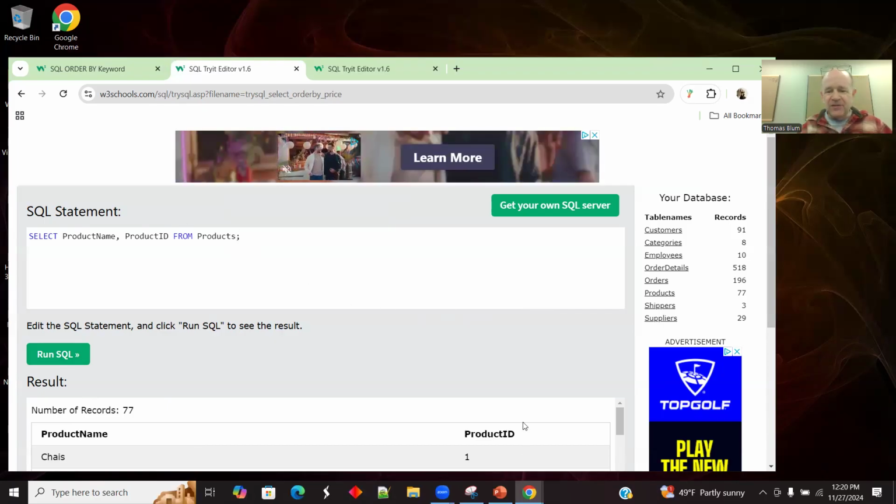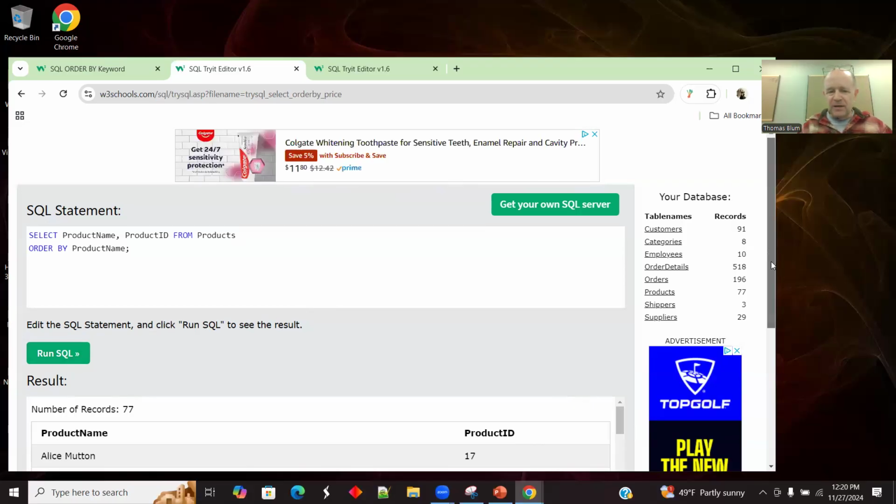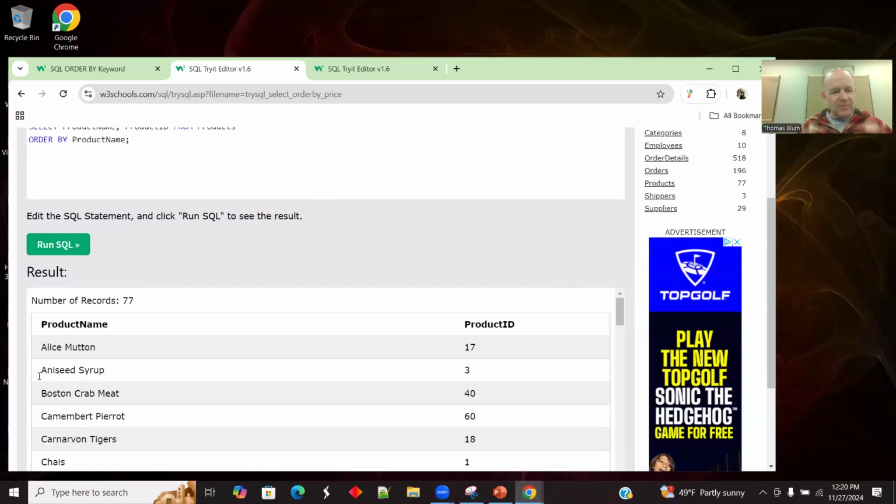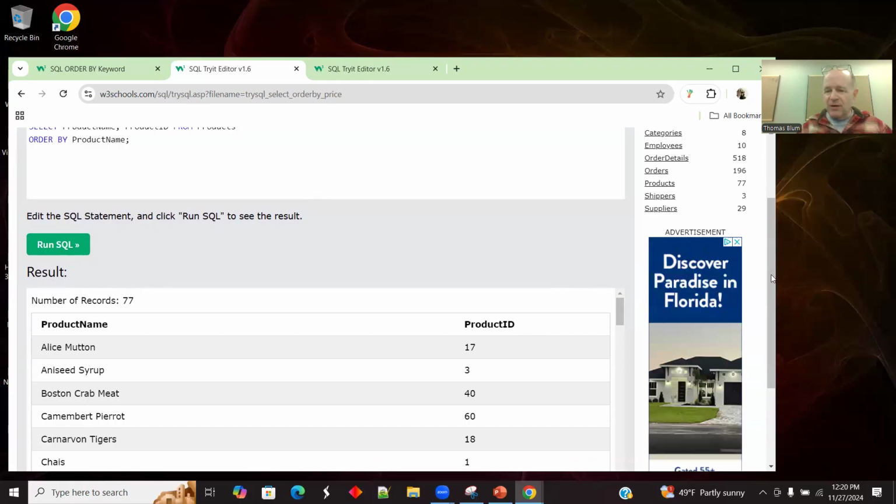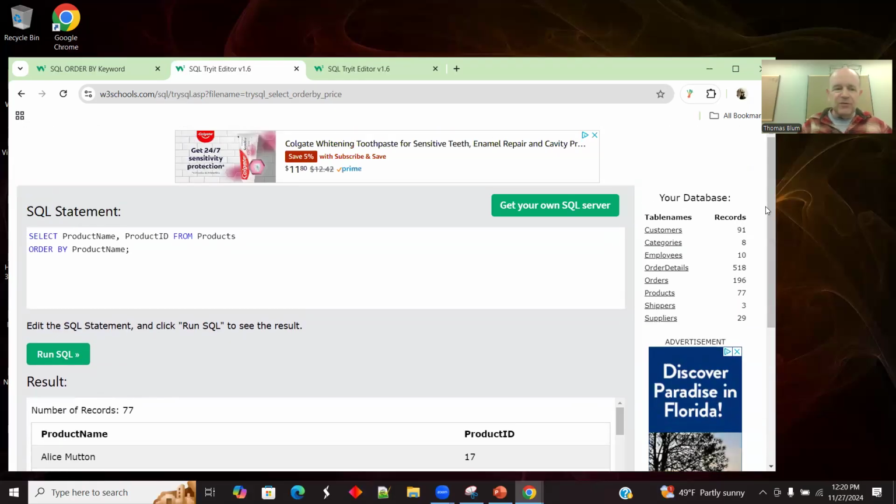And then instead of having it ordered on the product ID, I'm going to order by the product name. So I'm going to ask it to be sort of alphabetized rather than the order in which they're in the database. Give them sort of alphabetically. So there's Alice mutton, aniseed syrup, and so on down the line. Okay, so that's order by.